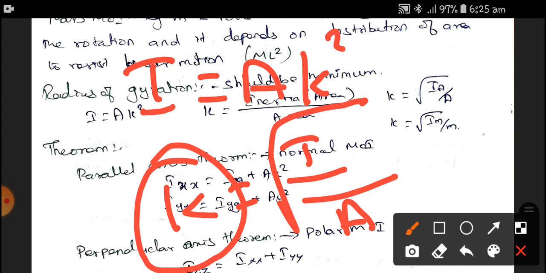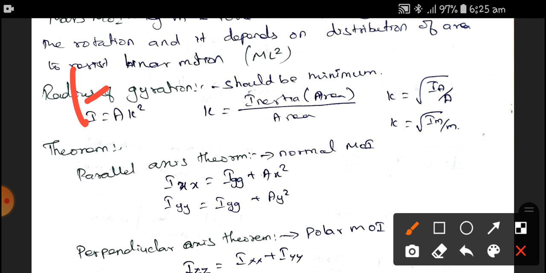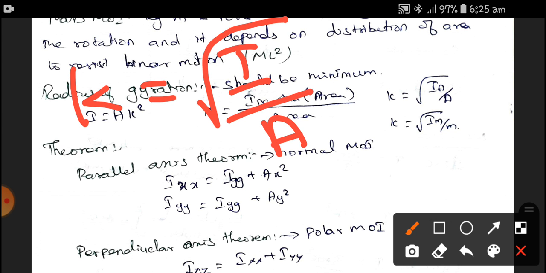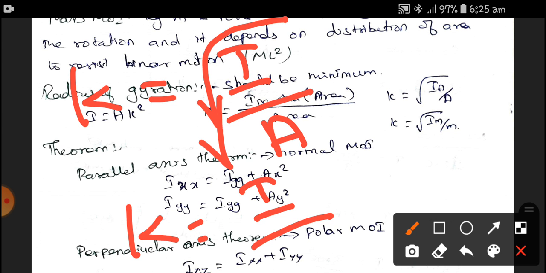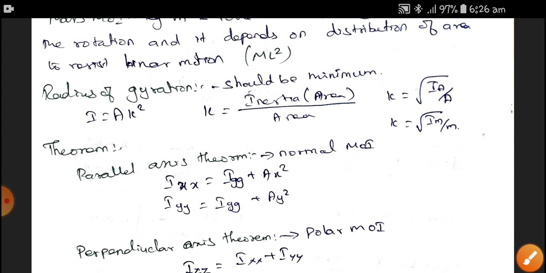For the area moment of inertia, k is the square root of I by A. And for the mass moment of inertia, k is equal to the square root of I by m. I have mentioned that here. Okay.